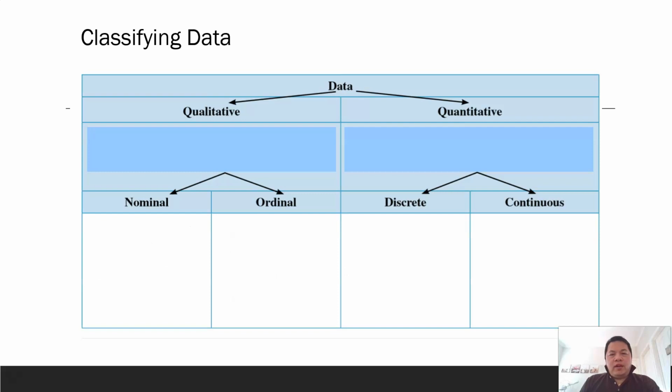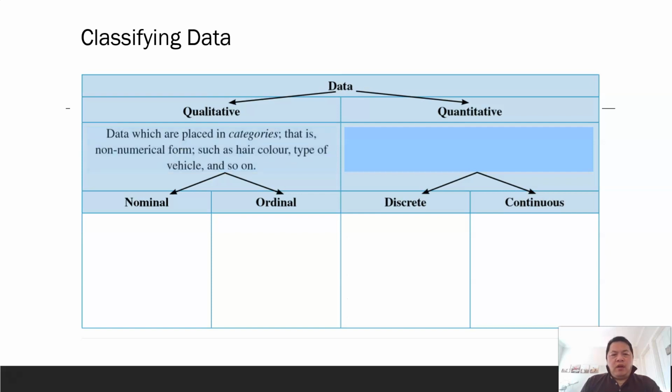So moving on to some terminology in statistics. For data collection, there are important aspects, and we need to understand what kind of data we are interested in. For example, we could go for qualitative data collection, things that are in categories.